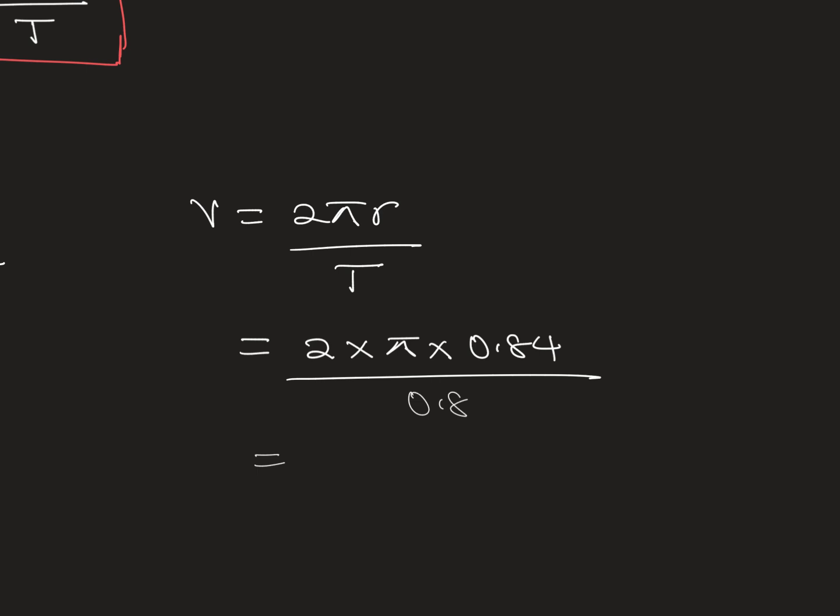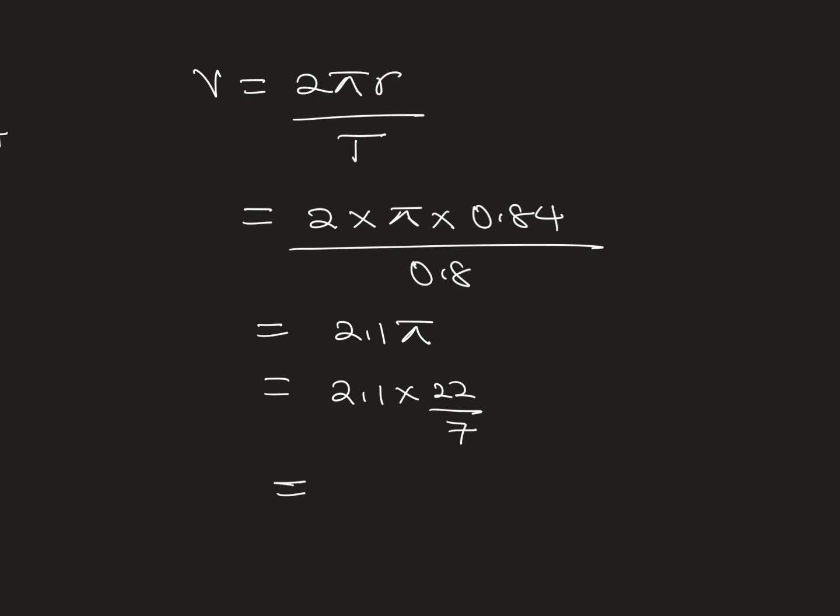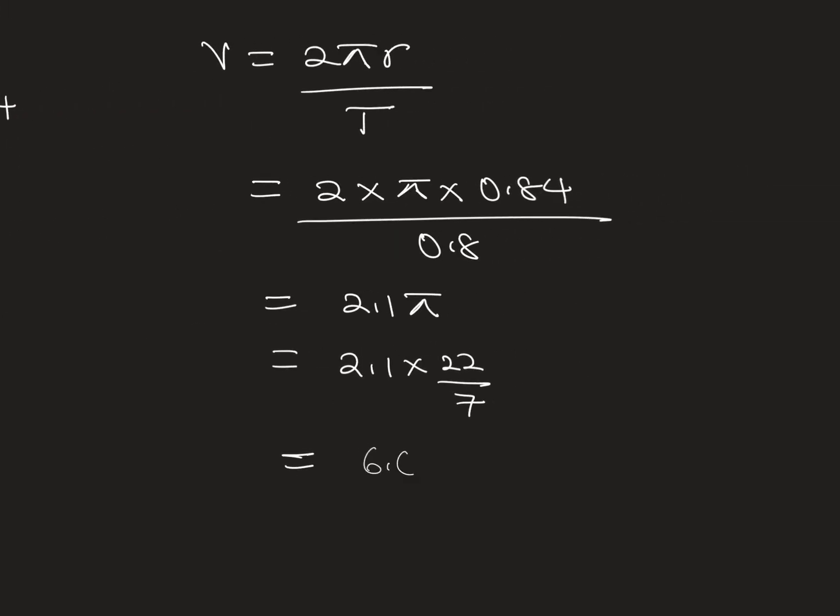So 2 times 0.84, if you divide by 0.8, you will have 2.1. So that will be 2.1 pi. Again, if you substitute the value of pi as 22 over 7, you end up having the same answer, 6.6 meters per second. Okay?